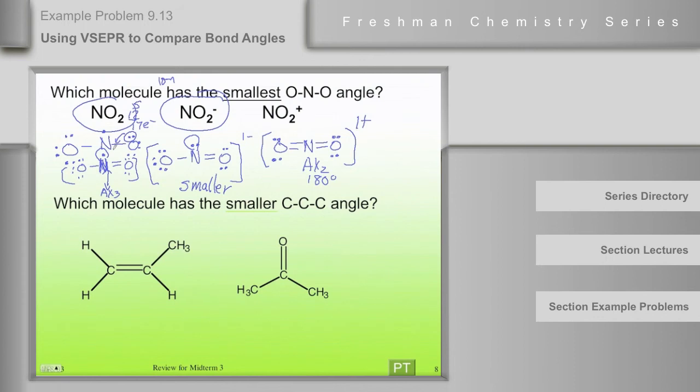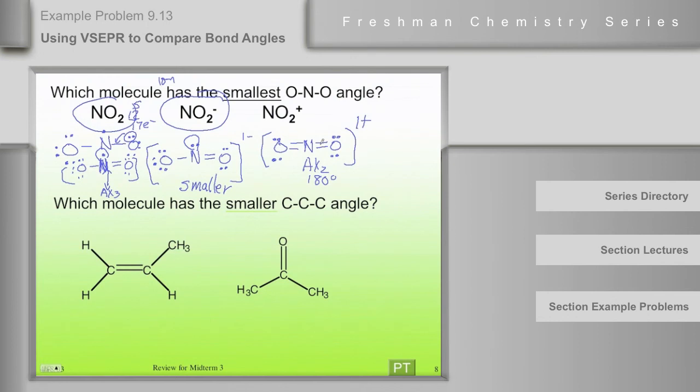NO2 plus has 16. And that makes all the difference in the Lewis dot structures. Because NO2 plus only has 2 electron groups, and that means a linear structure. The other two have 3 electron groups, and so that'll be a derivative of a trigonal planar. Yes? Yeah, you just have to add or subtract according to the charge. You're right. Other question on this one?